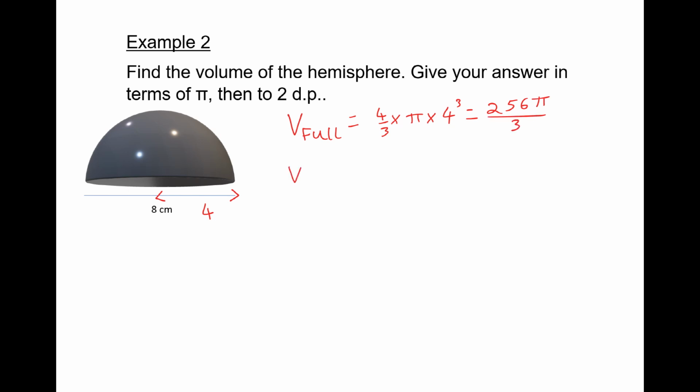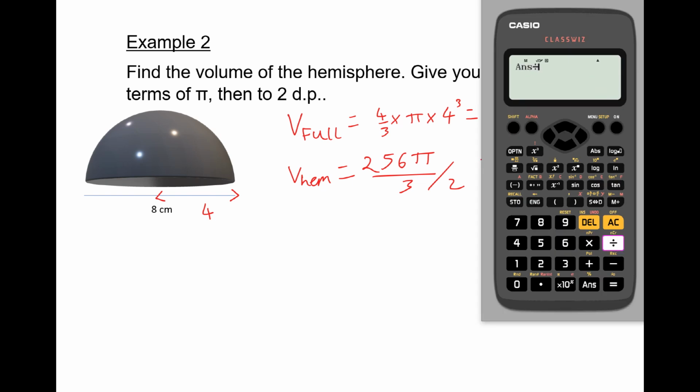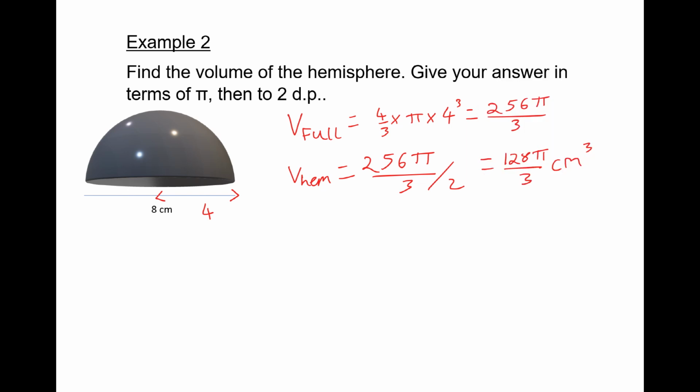And if I want the volume of the hemisphere, I just need to divide this by 2. I divide that by 2, I should get 128 pi over 3 centimeters cubed. And I can put it into my calculator, and I get 134.04 centimeters cubed.